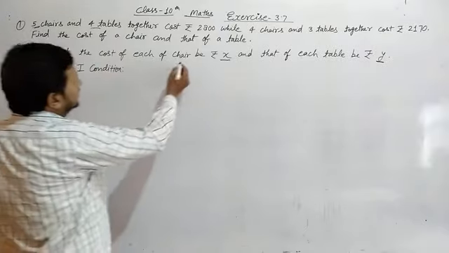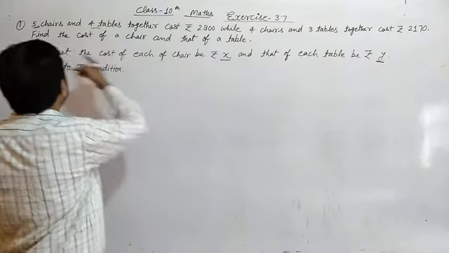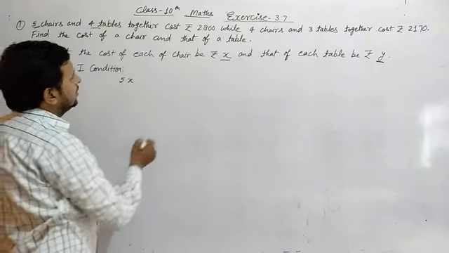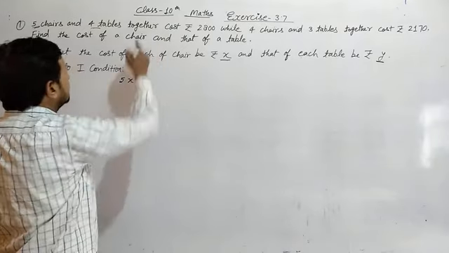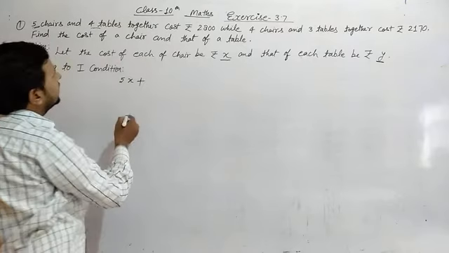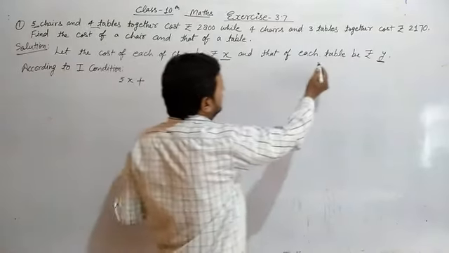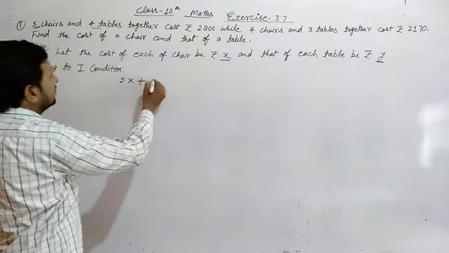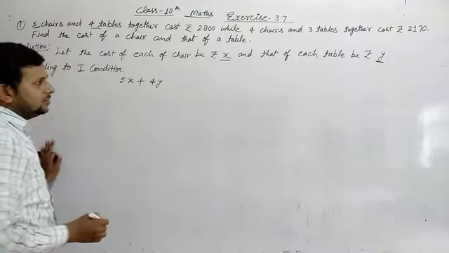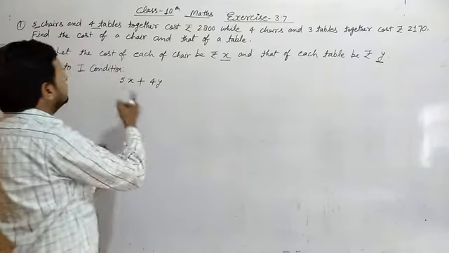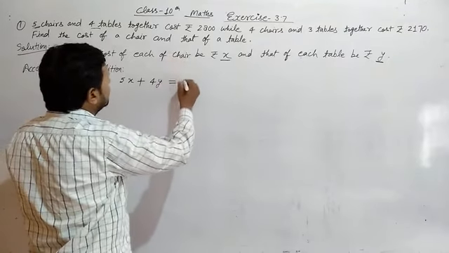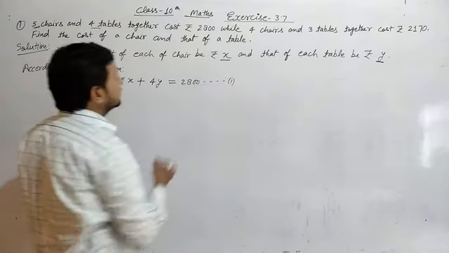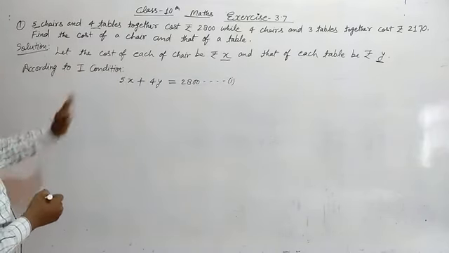If the cost of one chair is X rupees, the cost of 5 chairs will be 5 into X, means 5X, plus, because it is together, the cost of each table, rupees Y. Here 4 tables are given, so 4Y is equal to 2800. This will be your first equation, according to the first condition.